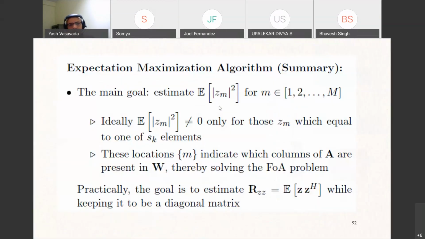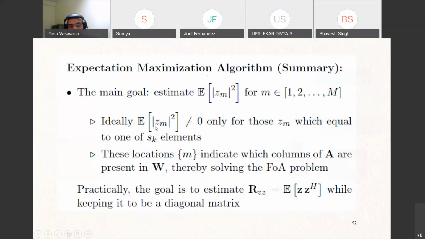Okay, so that is the statement of the problem. Now let us look at the algorithmic solution of this problem. So we are looking at this expectation maximization algorithm. A very high level summary of this algorithm is to say that we want to estimate the expected value of magnitude of Zm squared.